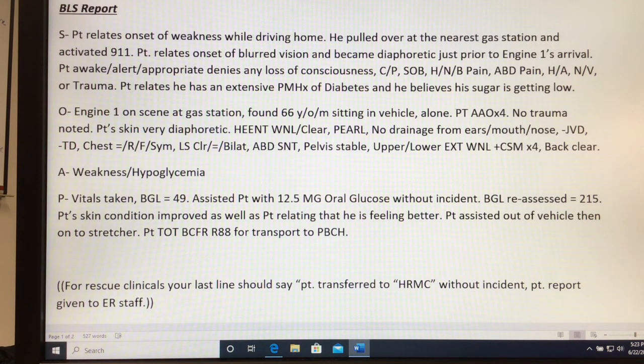Okay, so pick up right here for those of you following along. Patient is awake, alert, and appropriate, denies any loss of consciousness, chest pain, shortness of breath, head, neck, or back pain, abdominal pain, headache, nausea, vomiting, or trauma. Patient relates he has an extensive past medical history of diabetes, and he believes that his sugar is getting low.